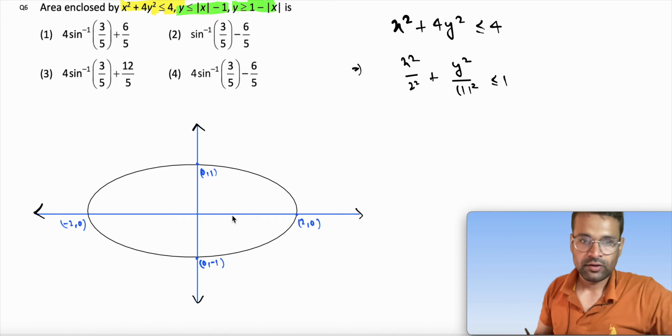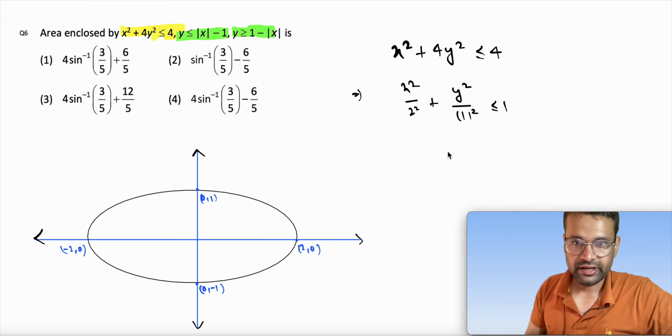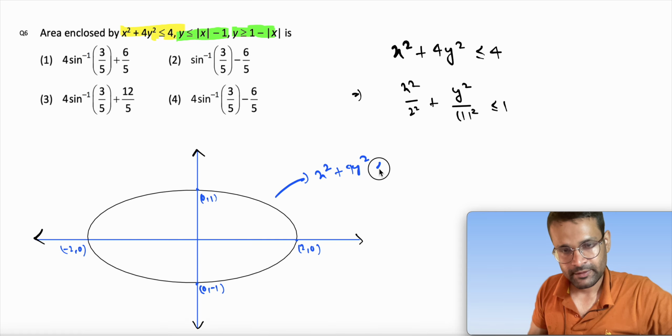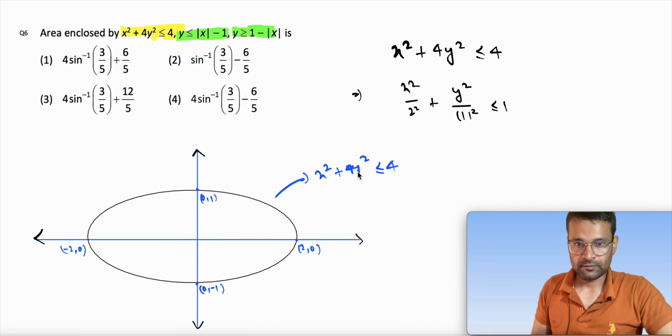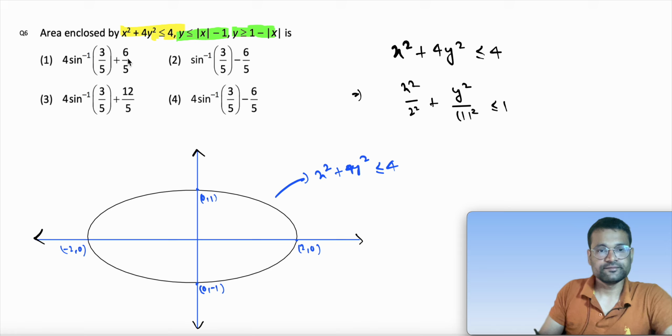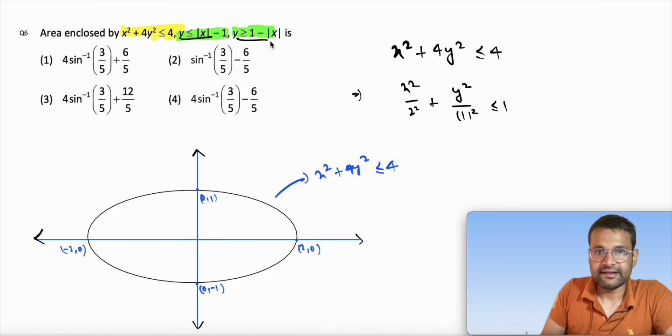Okay, now we draw the curve. This is the curve of x square plus 4y square less than or equal to 4. Okay, the curve is an ellipse.